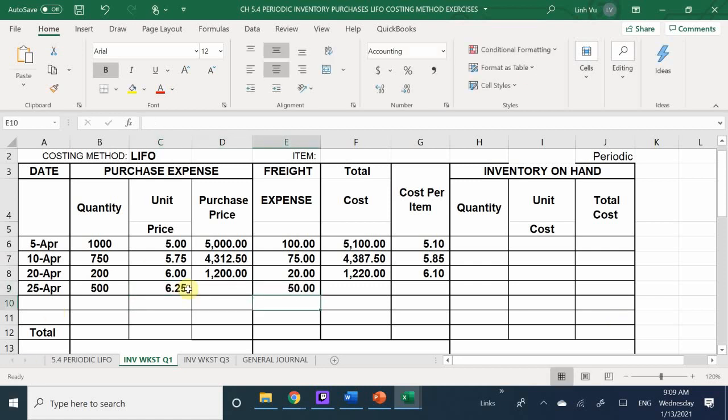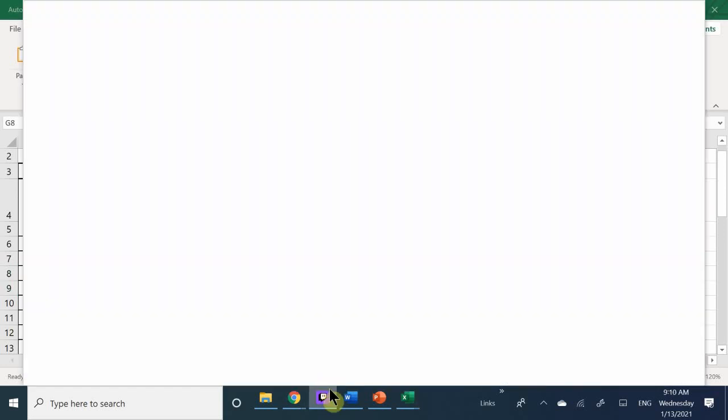So that brings my total purchase price to be 3,125. Good. And then lastly, my total cost is going to be 3,175. And then my cost per item is going to be $6.35.